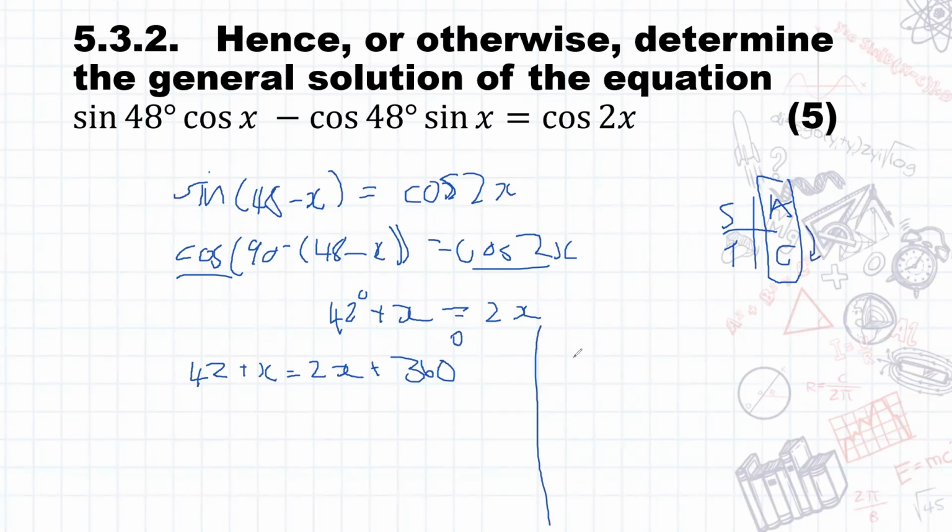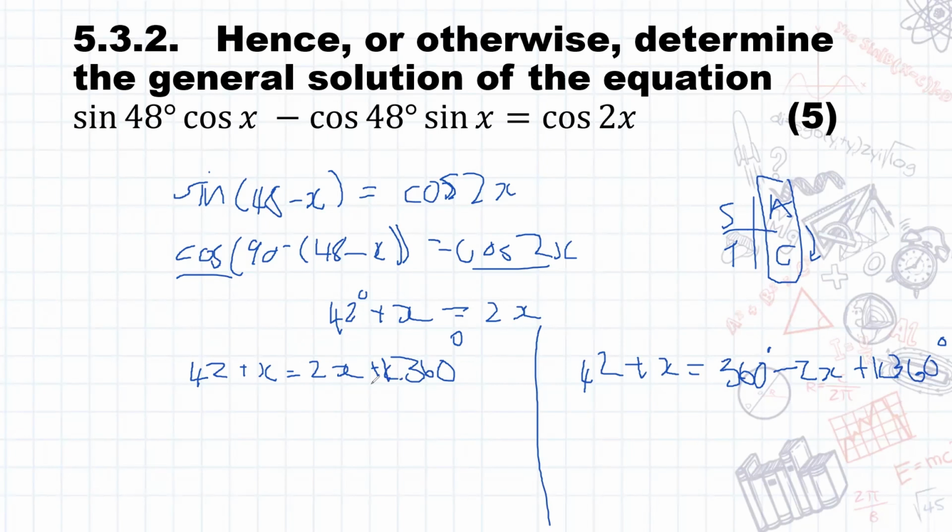Okay, so on this side, then we're going to have 42 plus x is equal to 360 minus 2x plus k360, right? And again, sorry, there should also be a k360 there. Okay, so that's your general solution.